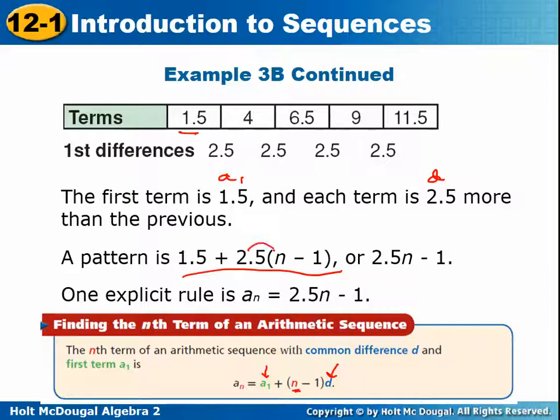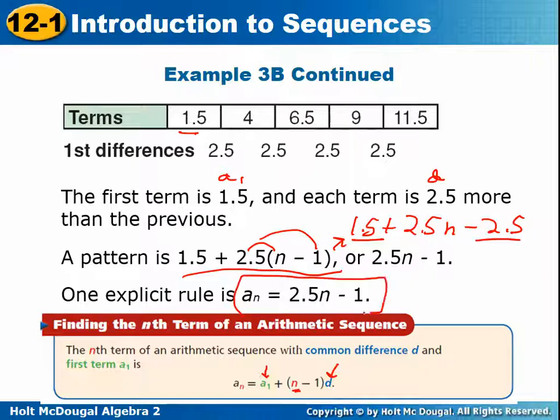And then we just simplify that by using the distributive property and adding like terms. So we'd have 2.5n minus 2.5. So let's write what we'd have. We'd have 1.5 plus 2.5n minus 2.5, and then we combine our like terms, which is 1.5 minus 2.5, and we get minus 1. So this form is just the simplified explicit formula for finding the nth term of an arithmetic sequence. So simplify if you can.